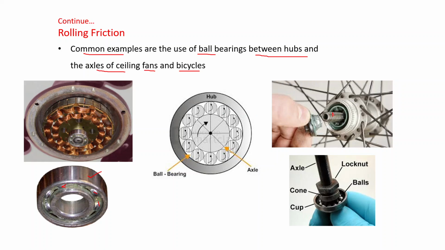This is the axle, and this is the hub, and in between these two are the ball bearings. You can also see this is the axle, and this is a cup. This cup is a hub, and in this there are small balls. You can also see this in the center. This is the axle, and this is the hub, and in between are the ball bearings.